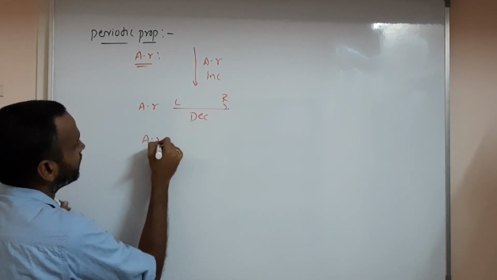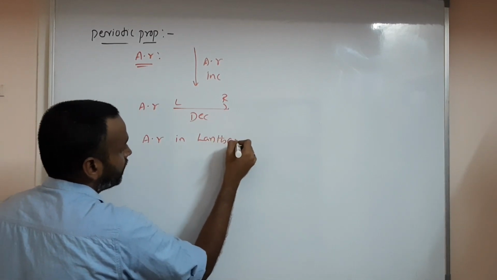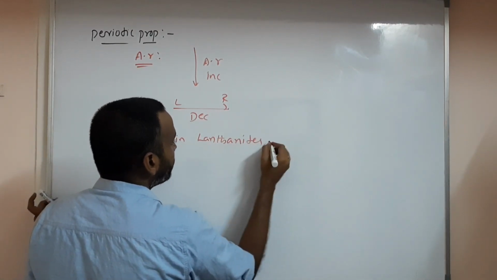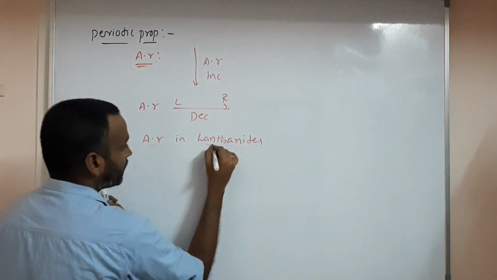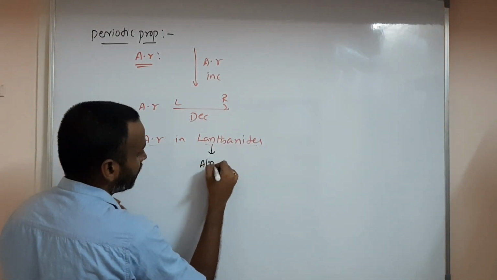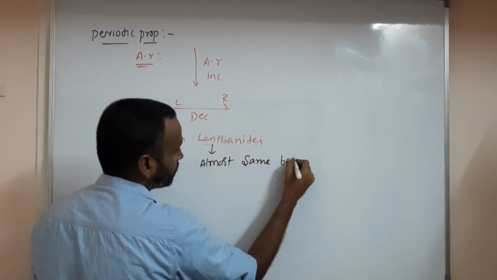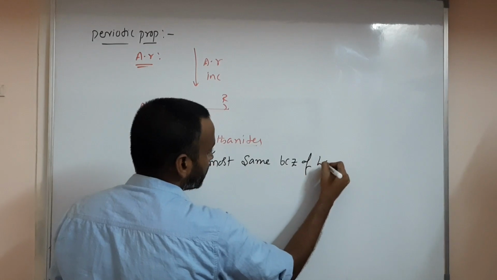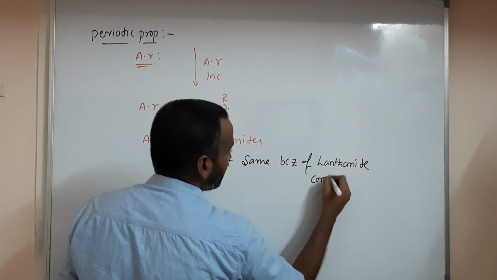And what about the atomic radius in lanthanides? In lanthanides, atomic radius is almost the same. Why? Because of lanthanide contraction. What is that?